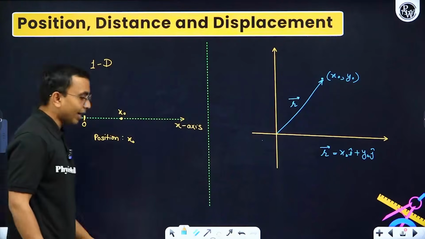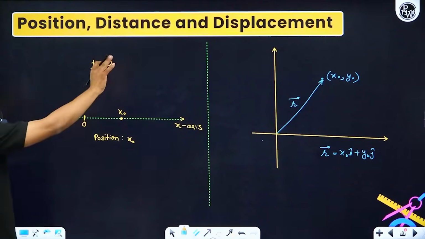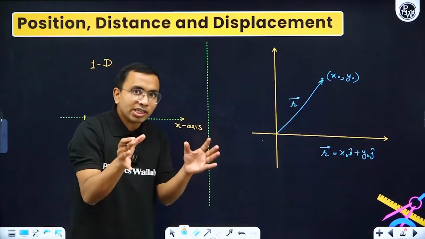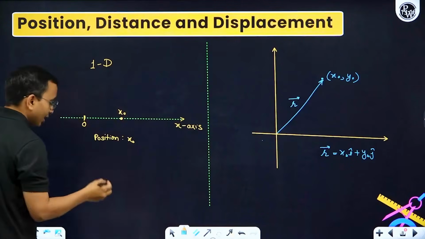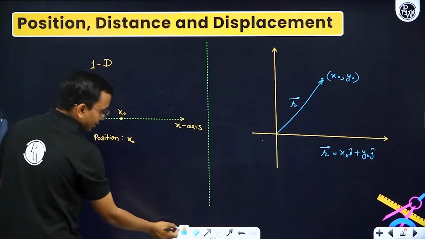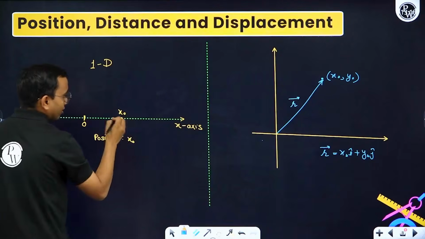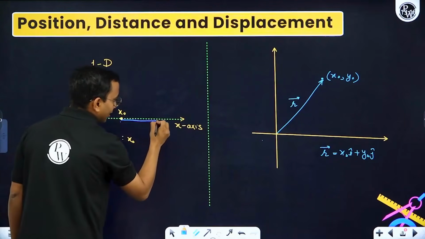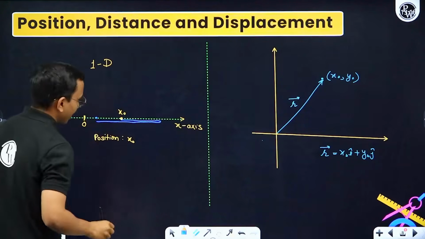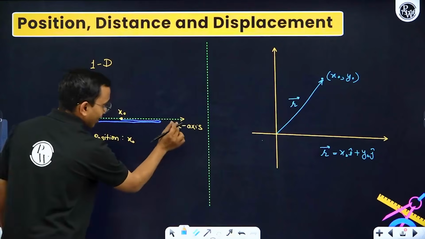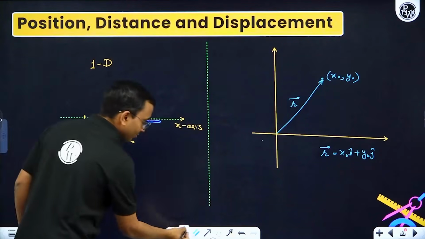Next is the distance and displacement. So what is distance? Distance, you know, is the total path length, and displacement means the change in the position, how much the position changed. Let us take an example in 1D first. My particle moved from this x naught, went like this and came back till here. Now you are asked what is the distance.